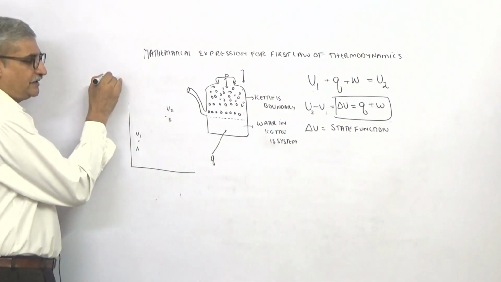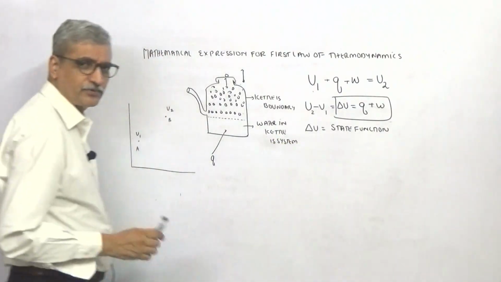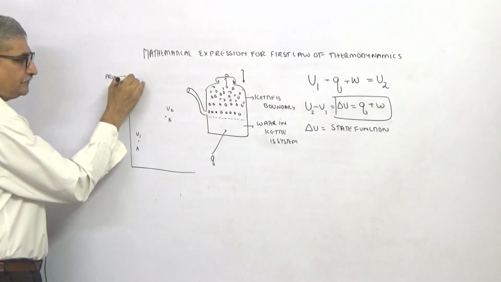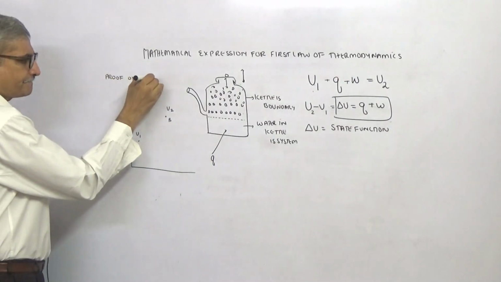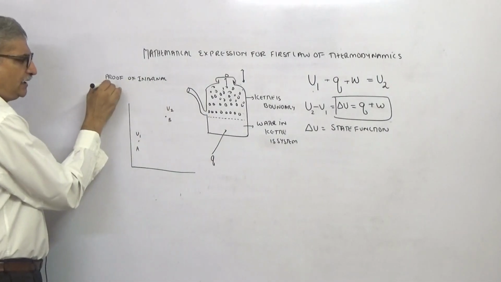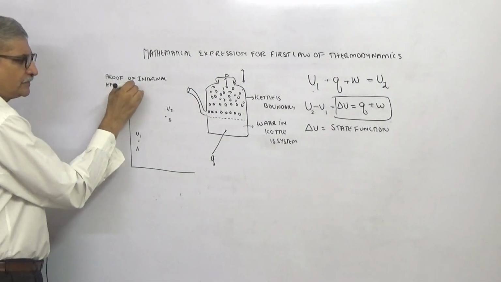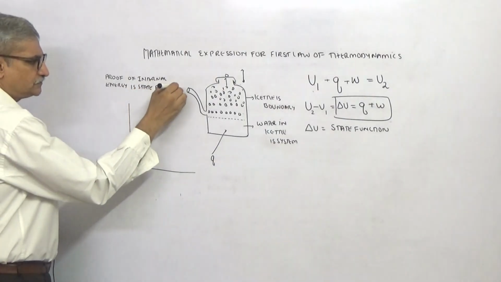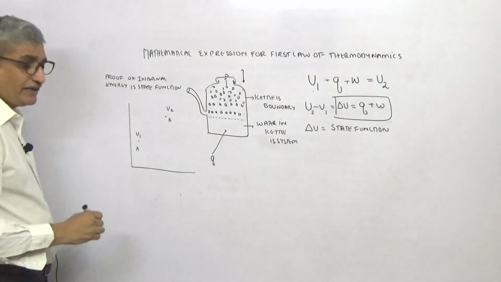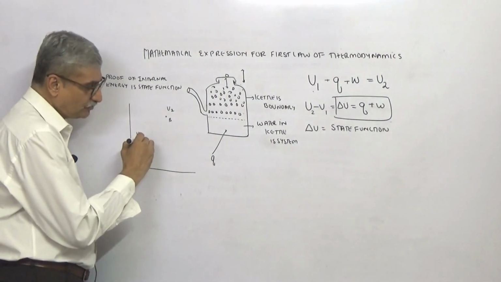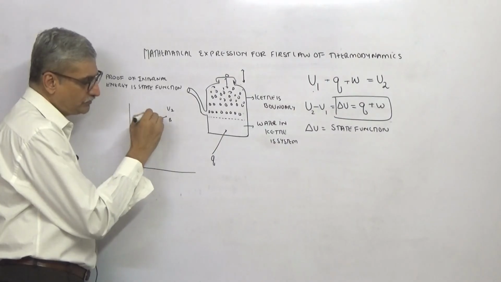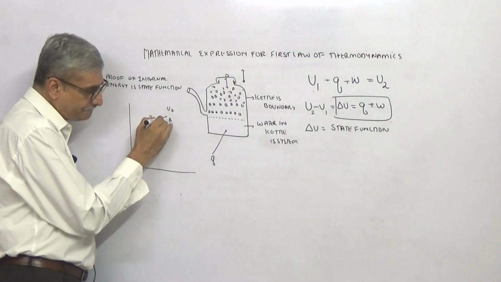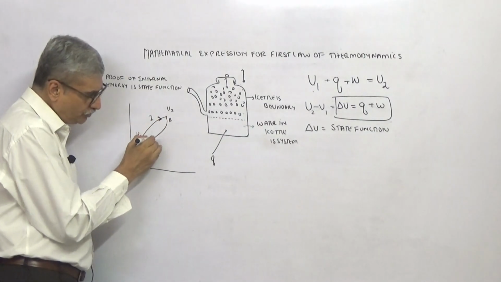I am trying to prove that internal energy is a state function. How am I proving it? Suppose I change from U1 to U2 by path 1, and then I bring it back from U2 to U1 by path 2.